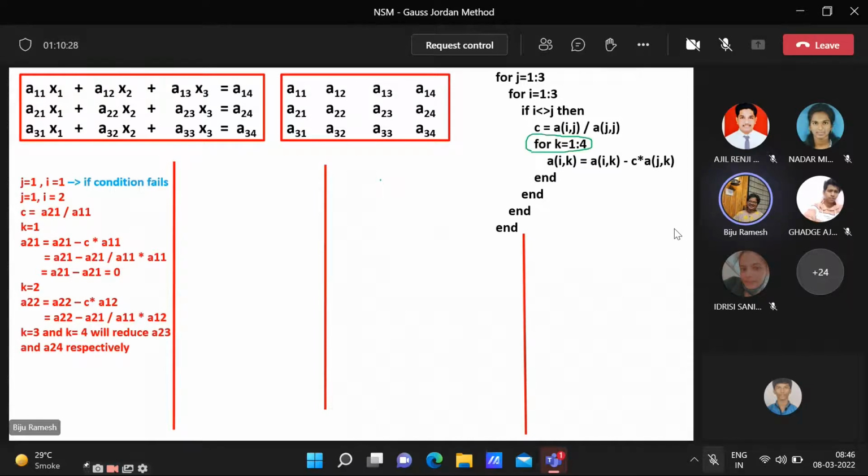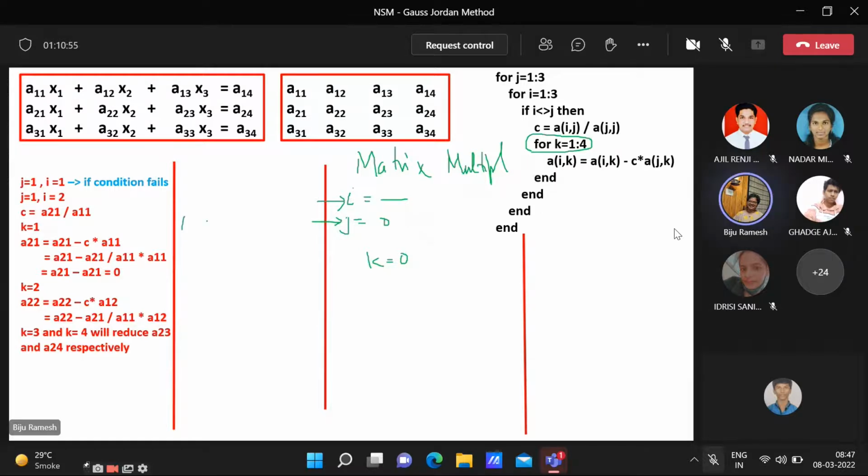Always, especially in matrix multiplication, you see an I loop, a J loop, and then a K loop. When we have this, we are to traverse through the elements in the matrix, so why do you need a K loop?